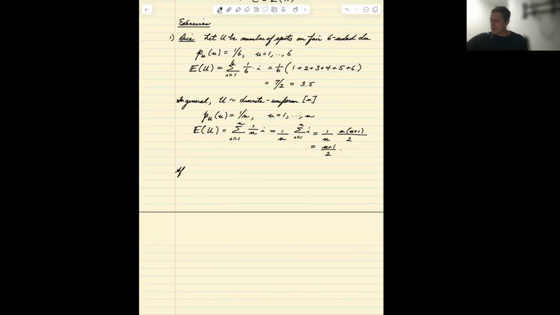Okay, so that's the uniform distribution for one die. If we were to take 2 dice and define S as their sum, I'm not going to actually do the calculation, but it turns out we can argue that the expected value of S is 7 by symmetry.